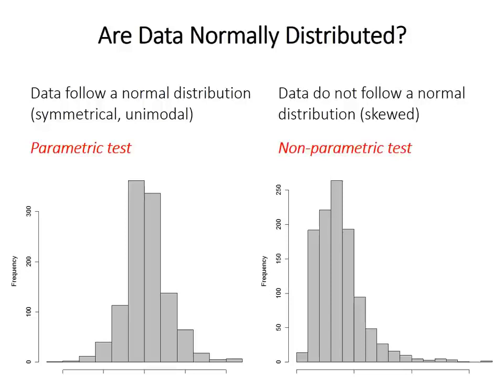If your data are not normally distributed, and especially if the data are skewed, which means not symmetrical, with the peak not in the middle, as shown here, you should run a non-parametric test. Again, we will discuss specific examples of these tests in future videos.